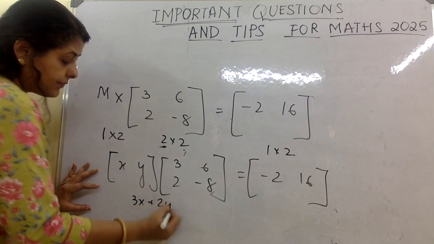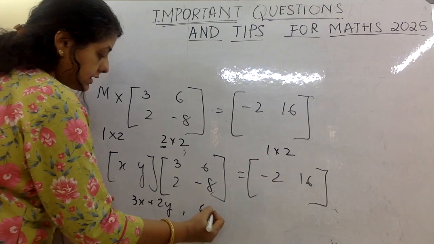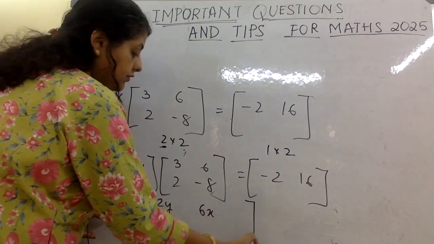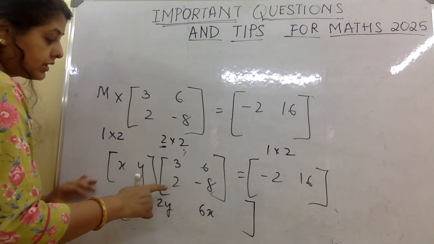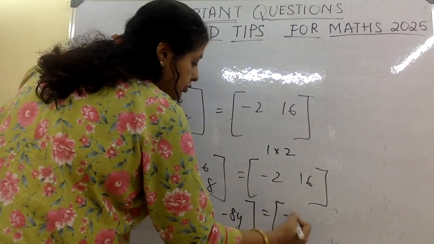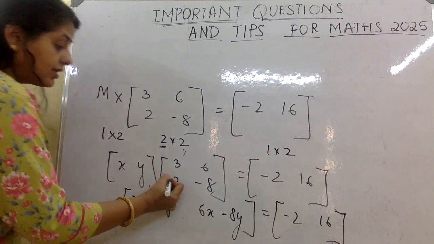Now here, 3x plus 2y. And the other one is 6x, don't put a comma, we don't put commas between two elements of the matrices. This is 6x minus 8y, that is equal to minus 2, 16. Sorry, it was a minus 2 here.